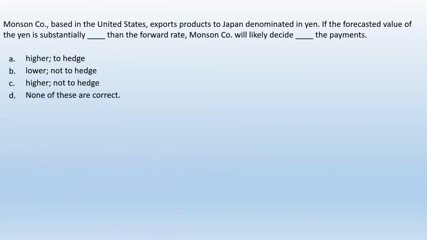Most Call exports products to Japan denominated in yen. If the forecast value is substantially higher than the forward rate, remember here, when they export products to Japan, they will receive Japanese yen.